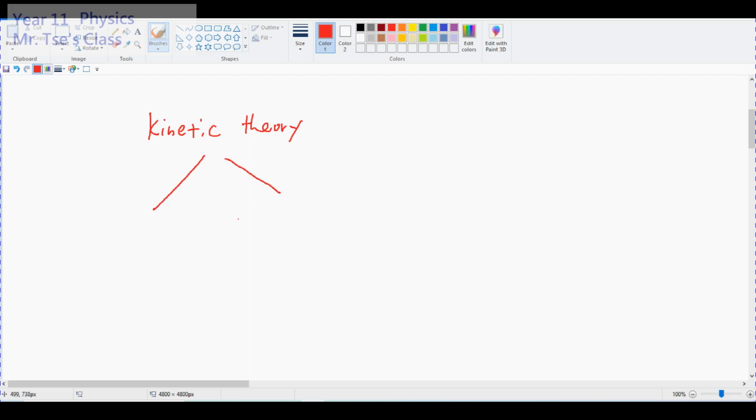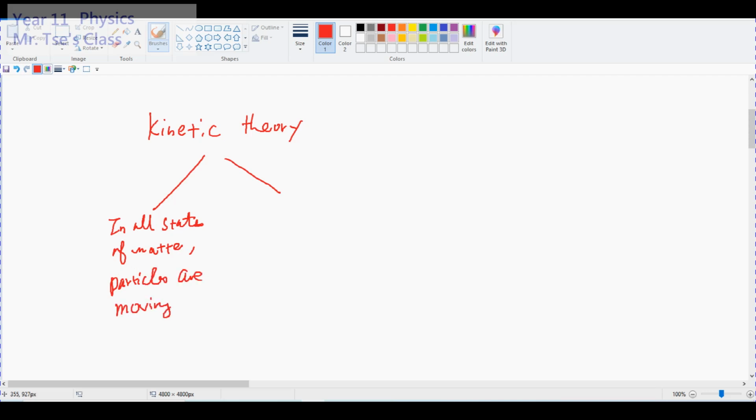One is that no matter in what state, in all states of matter, particles are moving.